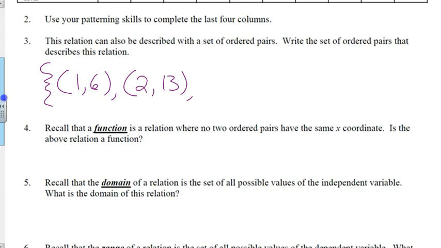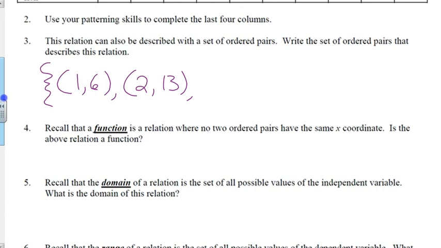So we're saying set consisting of, and then we're going to end with a brace bracket on the end, right?